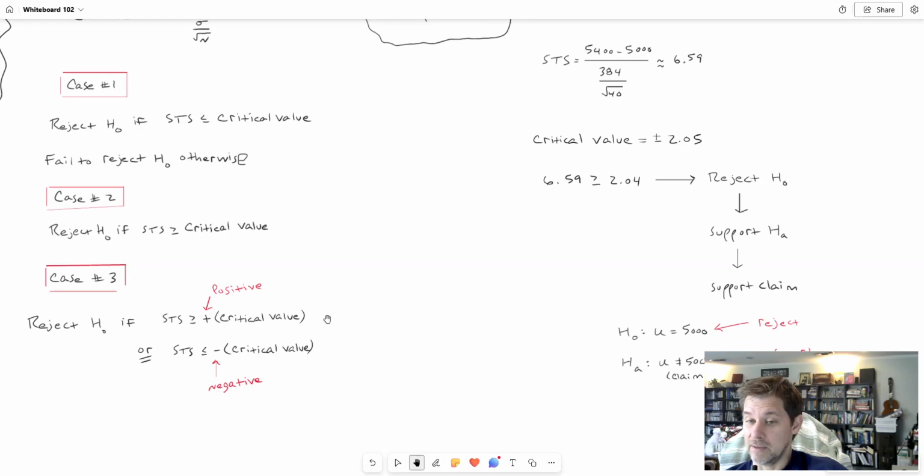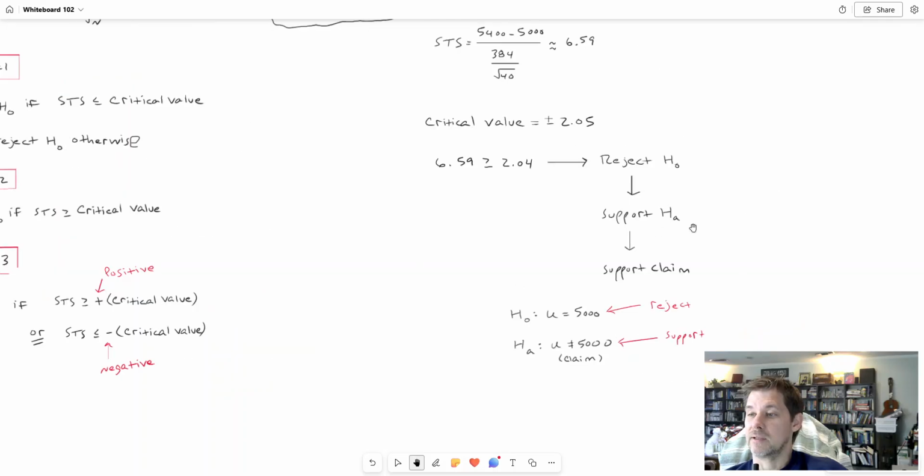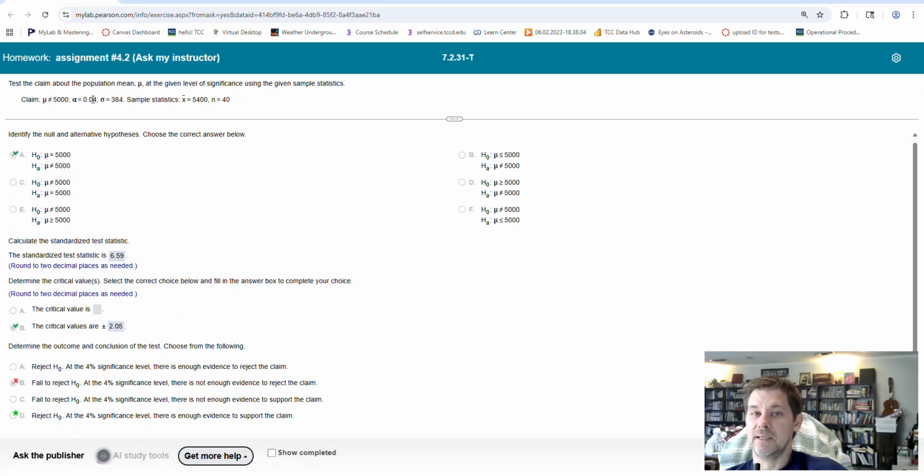But the alternate hypothesis is also the claim that was made in the beginning. So in the beginning, somebody says the population mean is not 5,000. Okay? They're making that claim, and we're going to see if there's evidence to support that or not. So that makes the claim the alternate hypothesis.